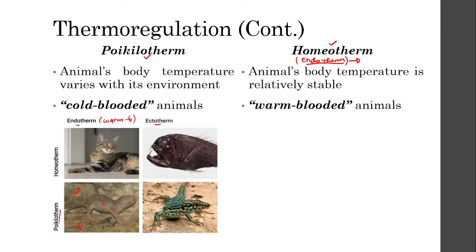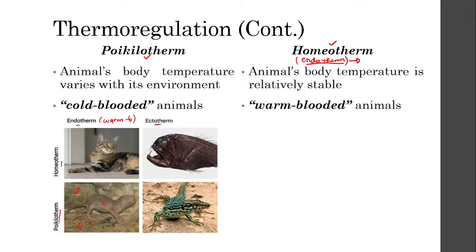That is true. But some ectotherms, such as this animal right here, an anglerfish, are ectotherms because they also rely on their environment for body temperature, and because they are living in an environment with a much more stable temperature, they are homeotherms.